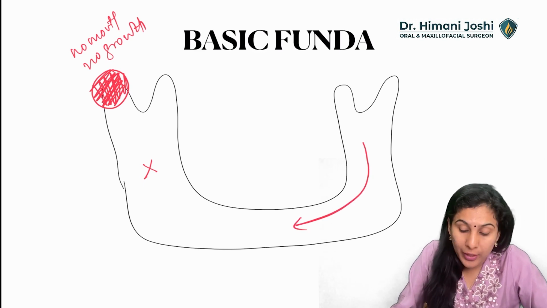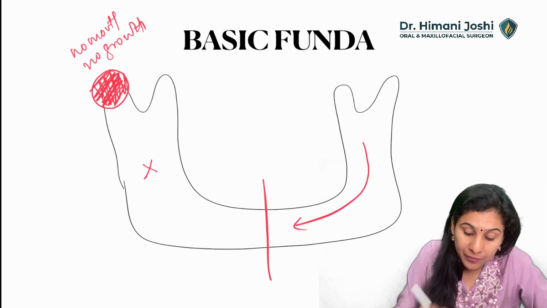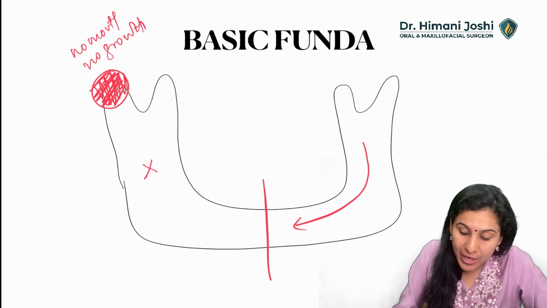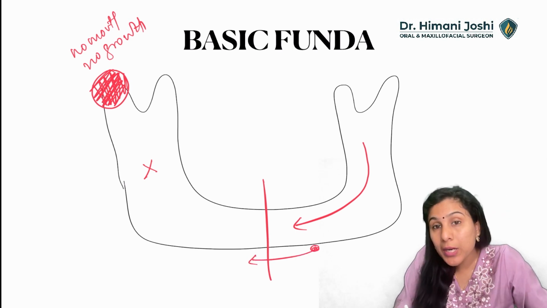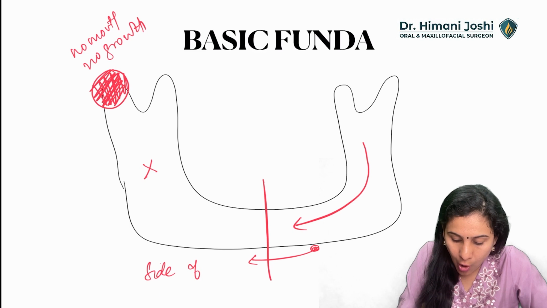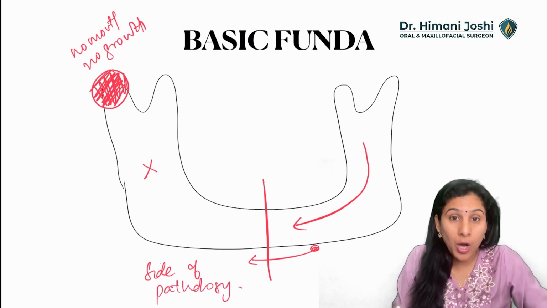This side is not growing, the other side will be growing, and if this is the midline, then there will be deviation of the chin towards the side of pathology or towards the side of condition, also called the ipsilateral side.